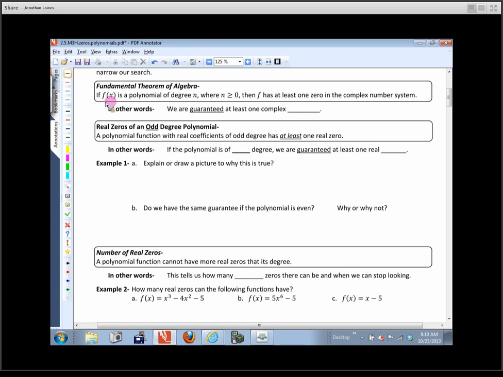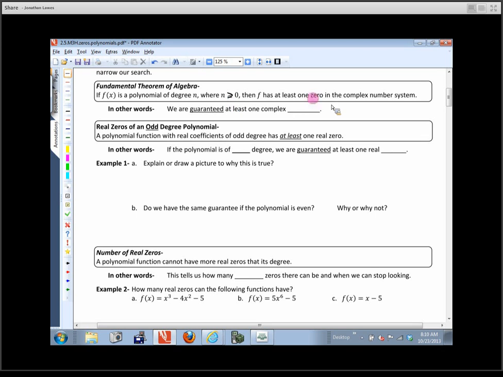And it says if f of x is a polynomial of degree n, where n is greater than or equal to 0, then f has at least one zero in the complex number system. And I just realized there's a typo. That has to be strictly greater than. Okay, that's what I get for not proofreading carefully. So that's strictly greater than 0. So it's got to be degree 1 at least.